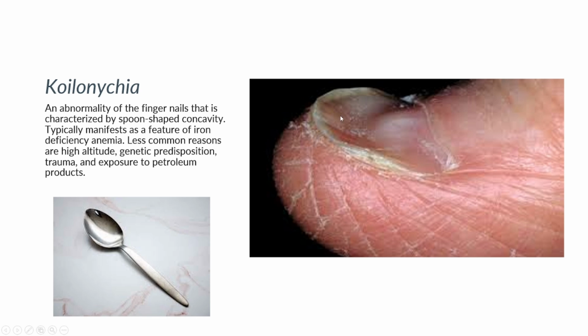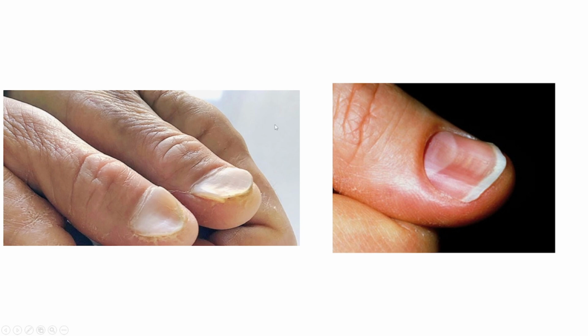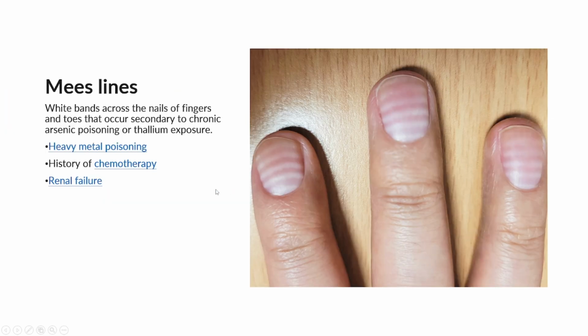Some people normally have nails like this, but if it was normal when they were born, then it is a sign of iron deficiency anemia, or maybe some exposure to petroleum products or trauma. These are some other pictures of it. As we can see, it's a spoon-shaped nail.